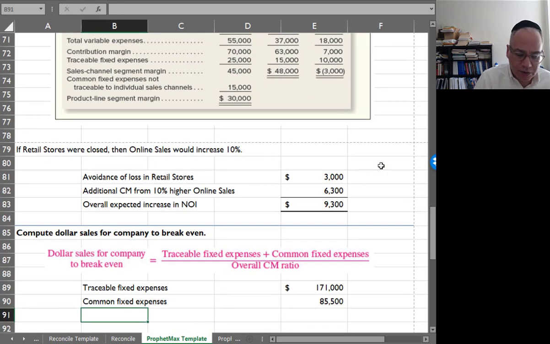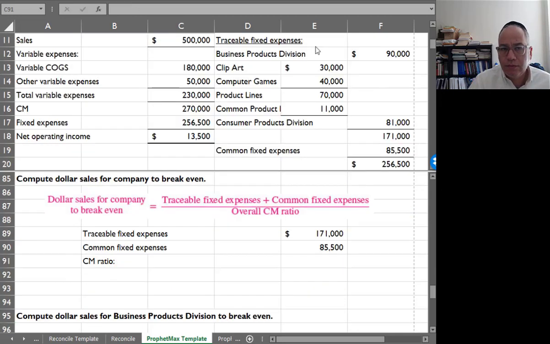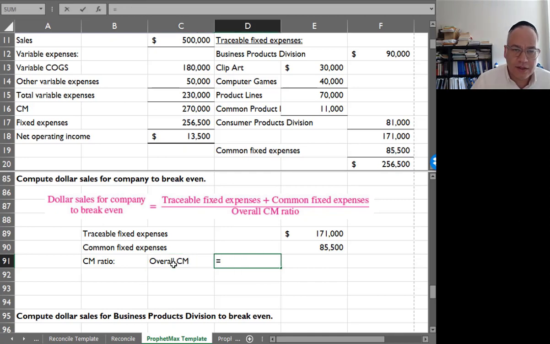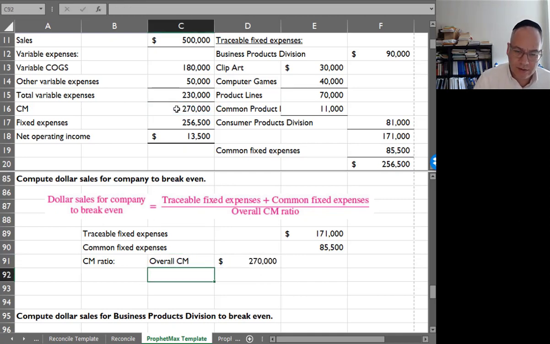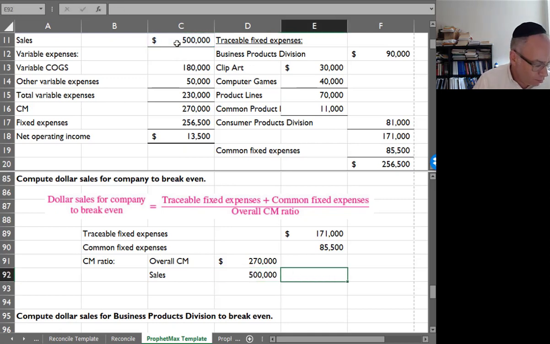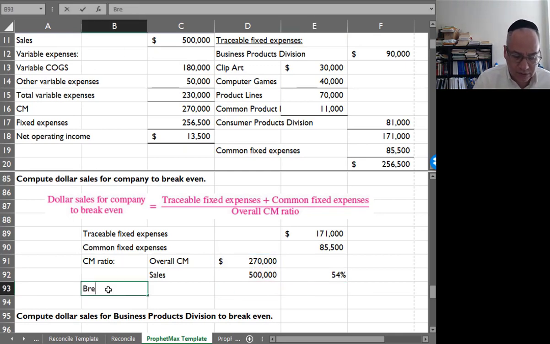The contribution margin ratio would be equal to the overall contribution margin, in this case 270, divided by total sales, in this case 500, or 54%.